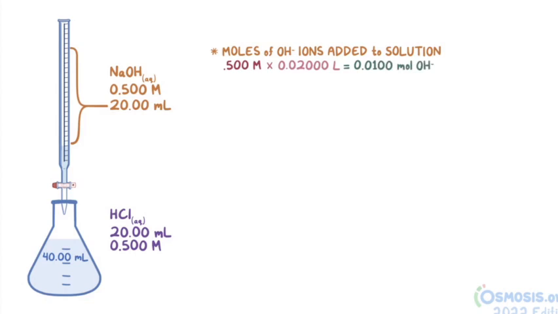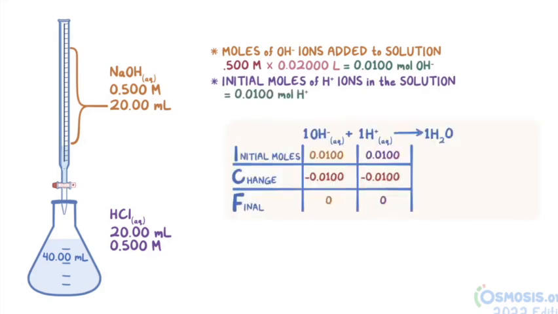Next, we need to know the initial number of moles of H+ ions in the solution. We've already calculated that there were 0.0100 moles of H+ ions present. So, at this point in the titration, we have added the same number of moles of hydroxide ions as the number of moles of H+ ions that were originally present. Because the moles of base are equal to the moles of acid, we've reached the equivalence point.